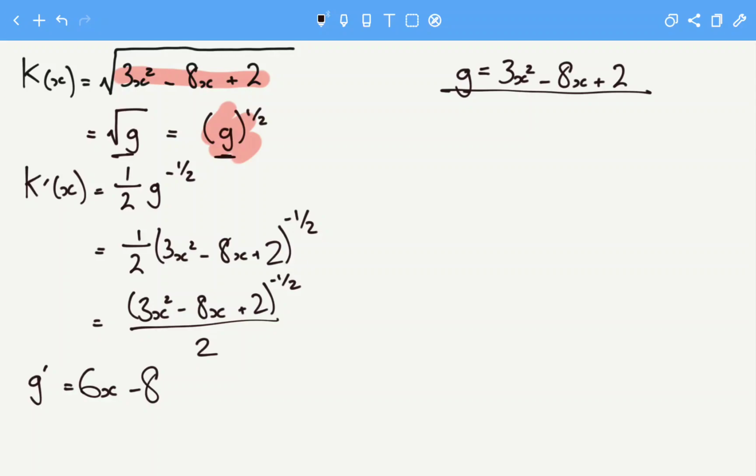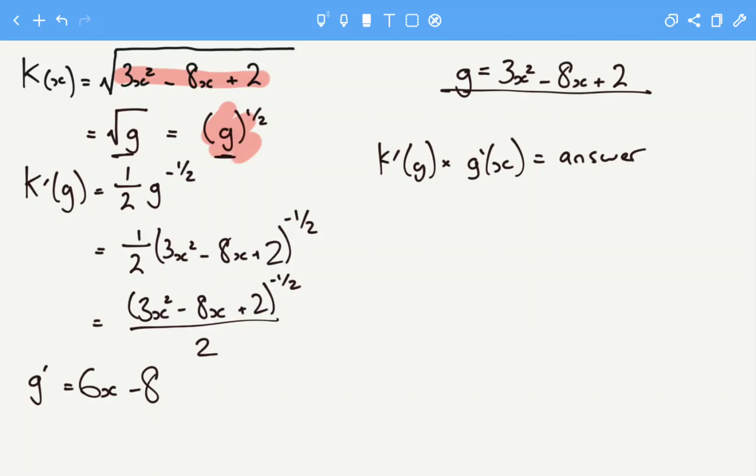And so if we remember our previous rules, we've got the differentiation of k in terms of g, because we're differentiating with regards to g, multiplied by the differentiation of g in terms of x, equals our answer.